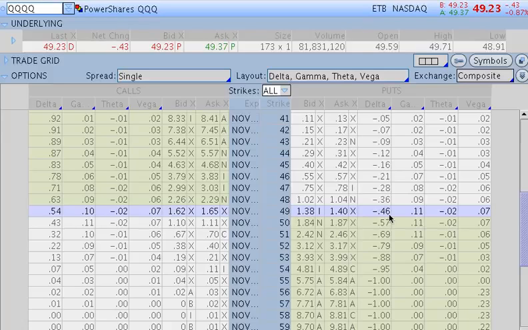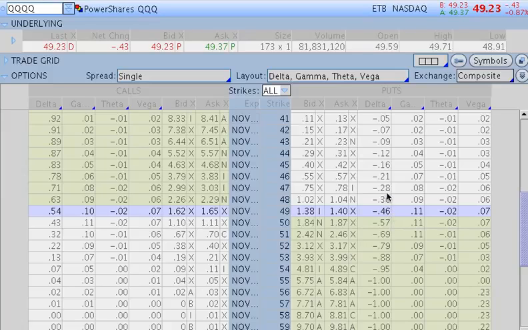So meaning if the Qs trade up by 1 point, we will actually lose about 46 cents, which equates to about $46 on this one contract for the put option. So again, that's a real big difference and can really help you understand how options are traded.